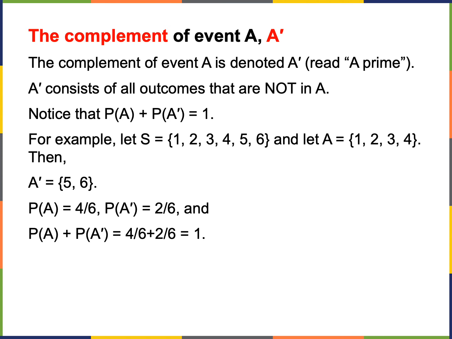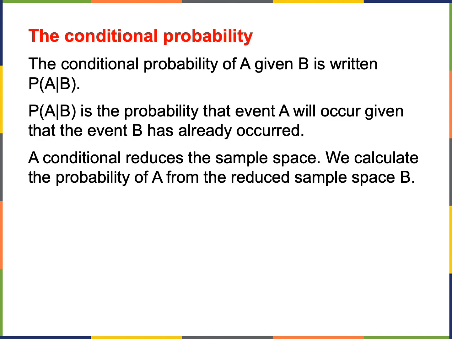Okay, so that's complement. All right, let's continue to talk about conditional probability. Basically, it's a probability with a condition. It's kind of like your sample space gets restricted. So conditional probability has this straight up and down line, and the way that you read it is probability of A given B. So we say A given B: the probability of this event occurring under this condition.